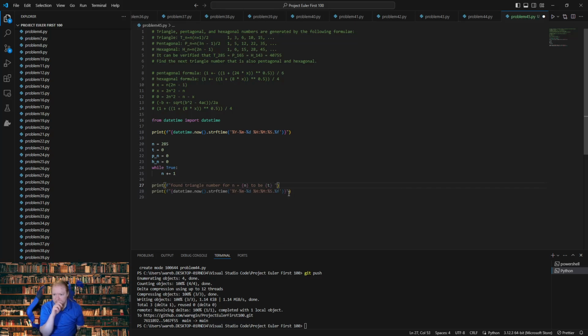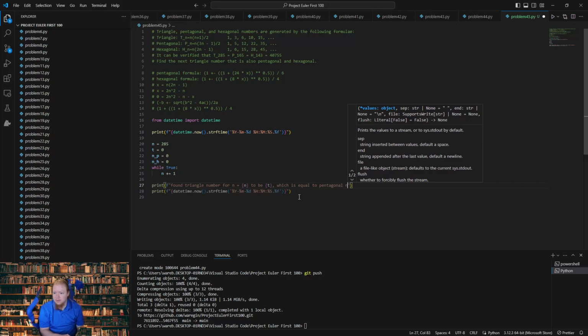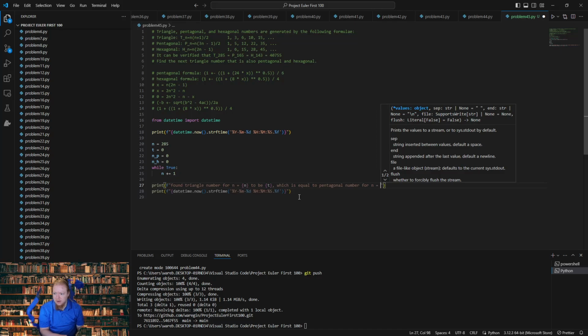Yeah, so t is the triangle number, and we want to have p's n here. Maybe not. I'm going to change this to n of p and n of h so I don't confuse myself again. Equal to pentagonal number for n equals n of p.